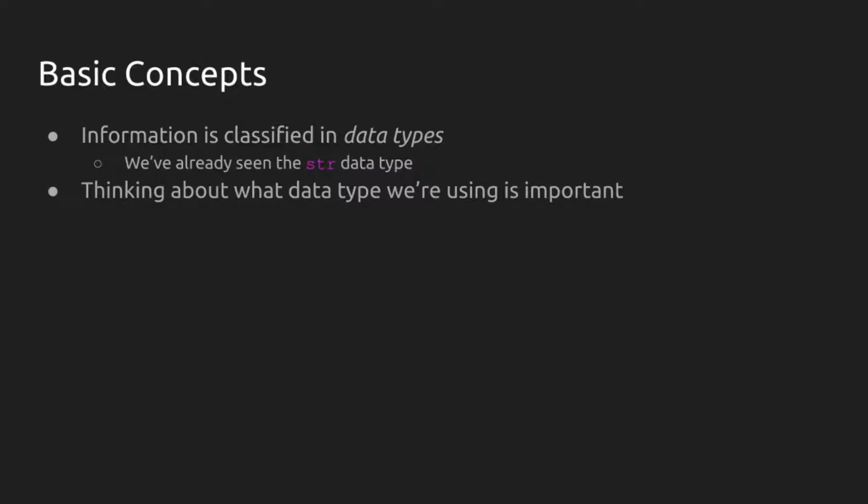Now, thinking about what data type we're using is really important, not just in programming, but in life in general, classifying information into different categories. You can think about this like units in measurement, even in grammar when we're thinking about parts of speech. We always classify the kind of information that we're talking about, regardless of the domain of the knowledge that we're discussing.